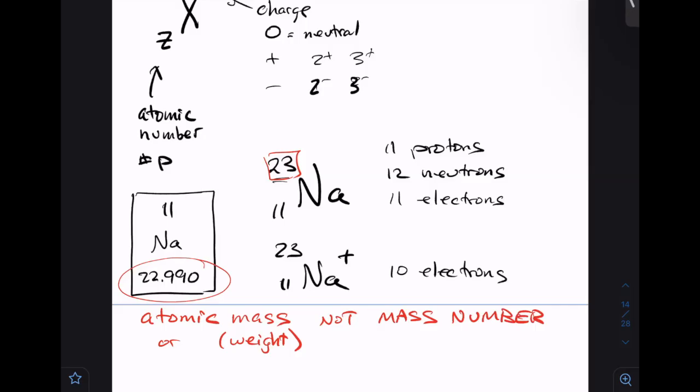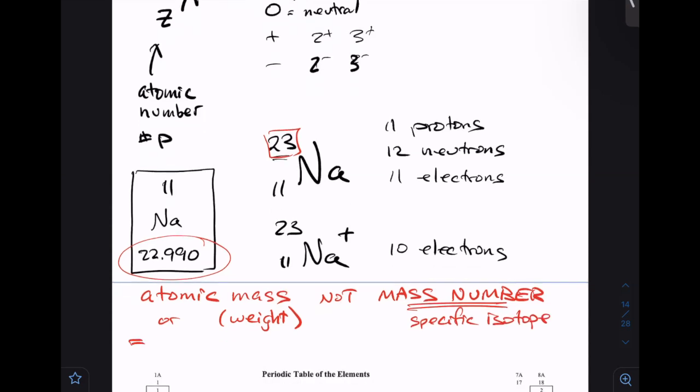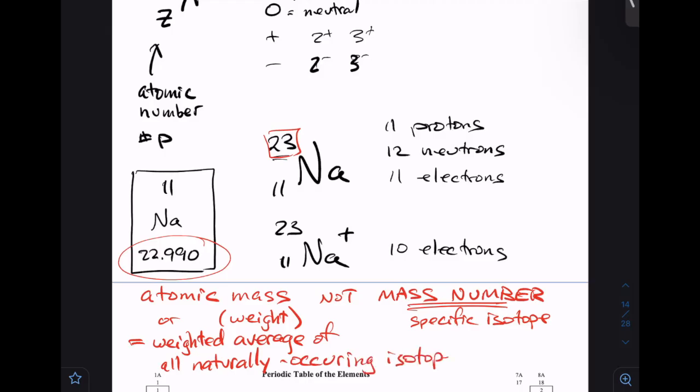The mass number refers to a specific isotope. The atomic mass, this is going to be what we call a weighted average of all naturally occurring isotopes. That's the difference, and that's what we're going to be exploring today.